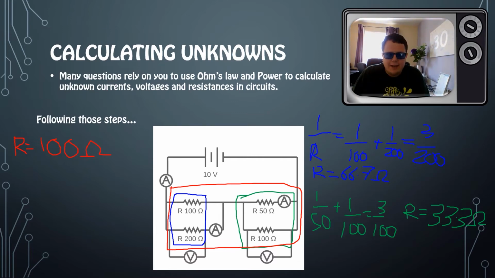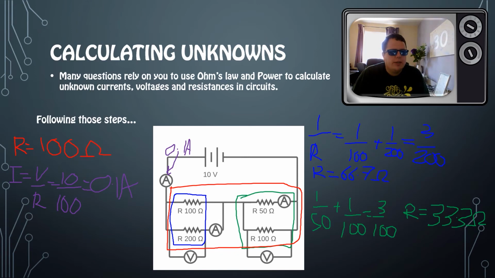Now the next step was to work out the current. So I is V divided by R. So that's going to be 10 divided by 100, which is 0.1 amps. So this answer here, 0.1 amps.